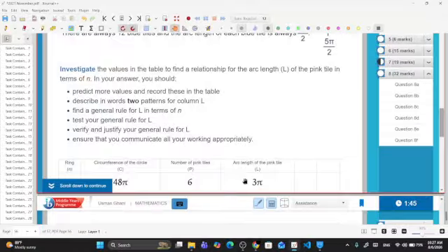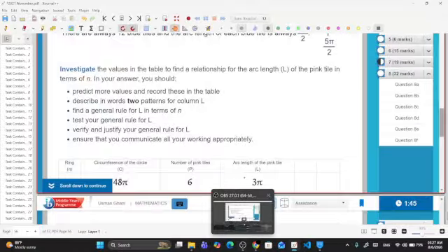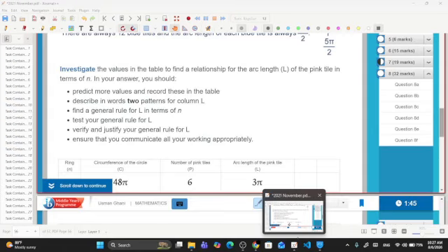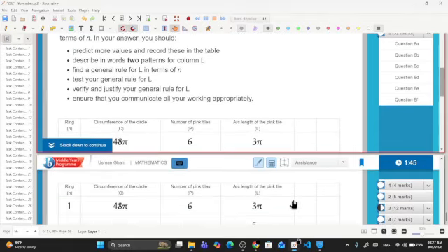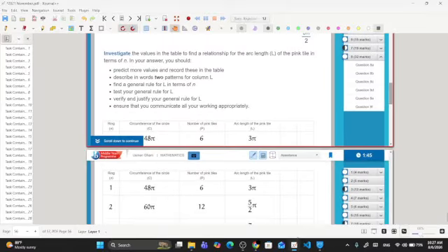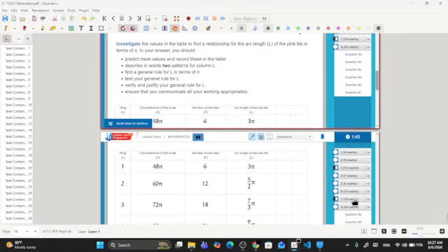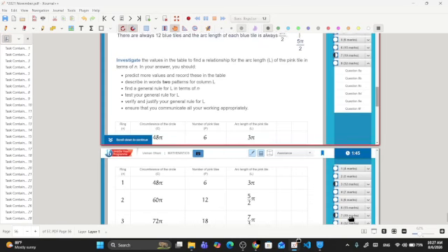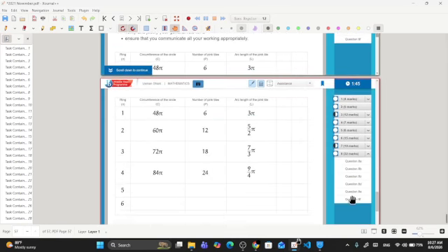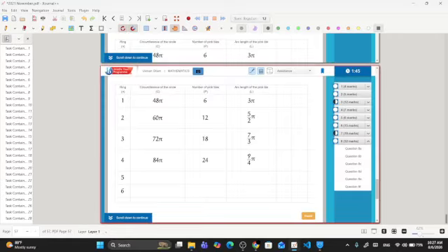Investigate the values in the table to find a relationship for the arc length of the pink tile. In your answers you should predict more values and record these in the table.